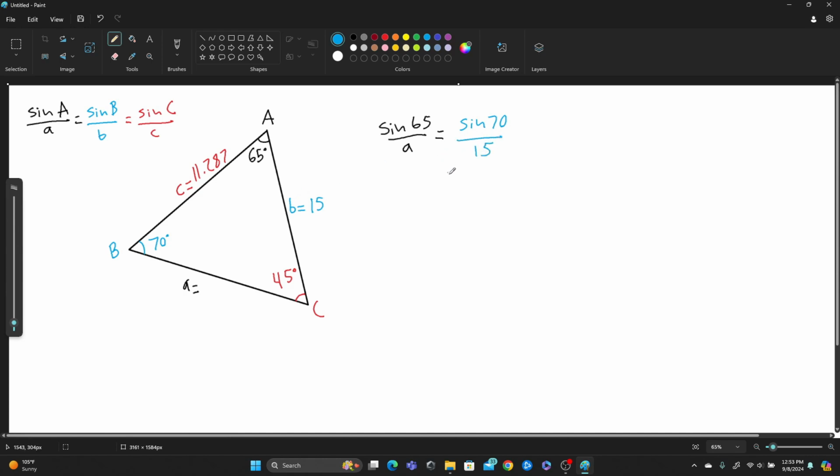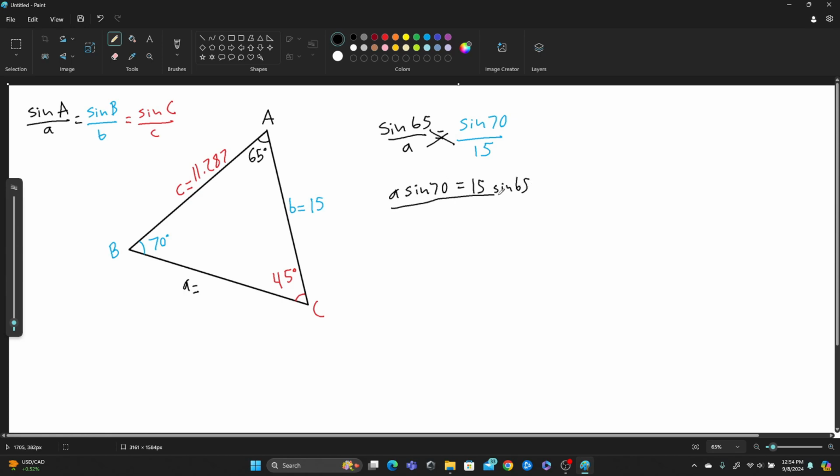So let's start by cross multiplying. A times sine 70 is equal to 15 times sine 65.